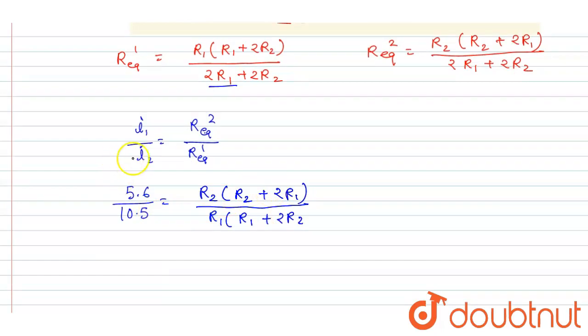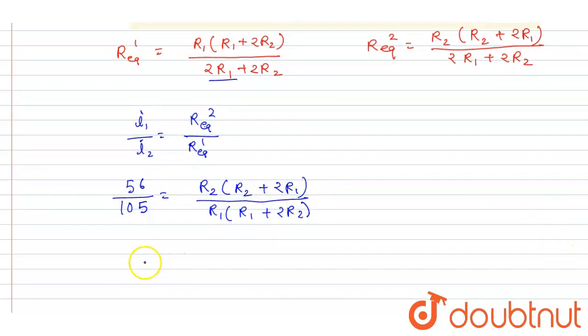So if you see, we can remove the decimal point here. So it is 56 by 105, 56 by 105, and this. So I can write down this is R2 square plus 2 R1 R2, and in division R1 square plus this.